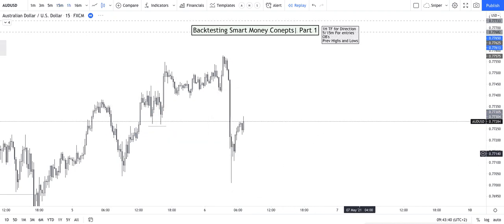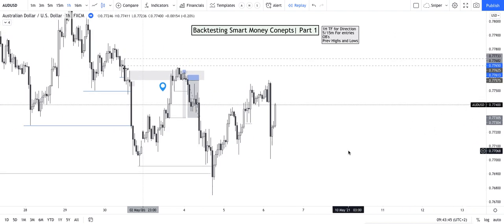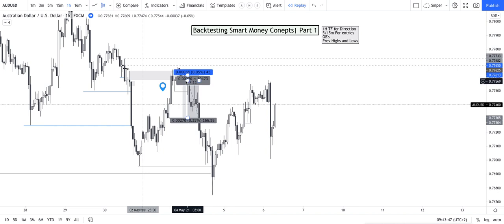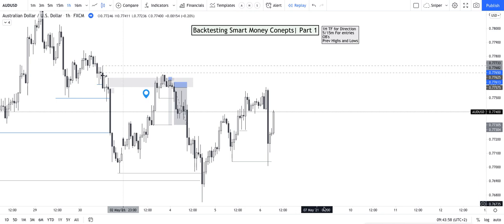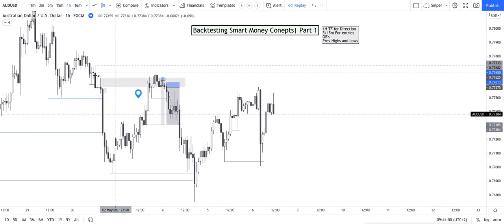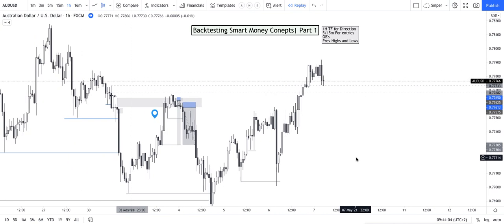So let's just go back to the 1 hour. Let's just get our stuff in a row again. So where did we react off of? Can't really say. Nothing clear for me over there. It kind of looks like we swept these lows. The 1 hour is relatively messy.